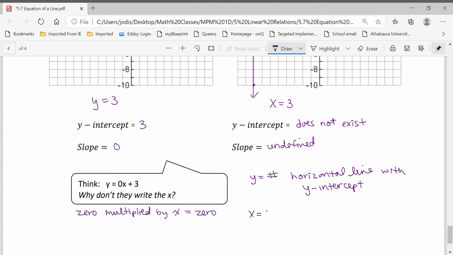If we ever just have x equals a number, this is a vertical line with an x-intercept. An x-intercept would just be where the line crosses the x-axis. We have no y-intercept.